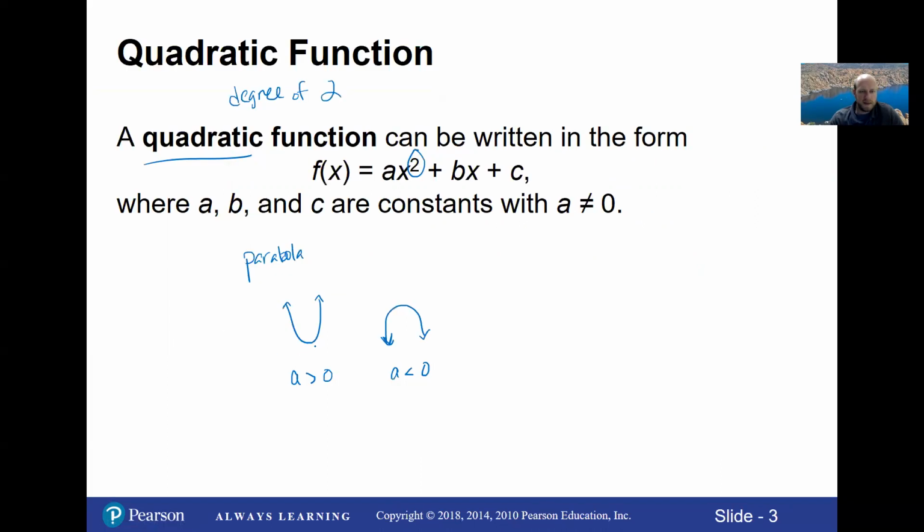If I go back to this slide, the vertex on this parabola is right here. It's the lowest point on a quadratic that opens upward. And here it's the highest point on a quadratic or parabola that opens downward.